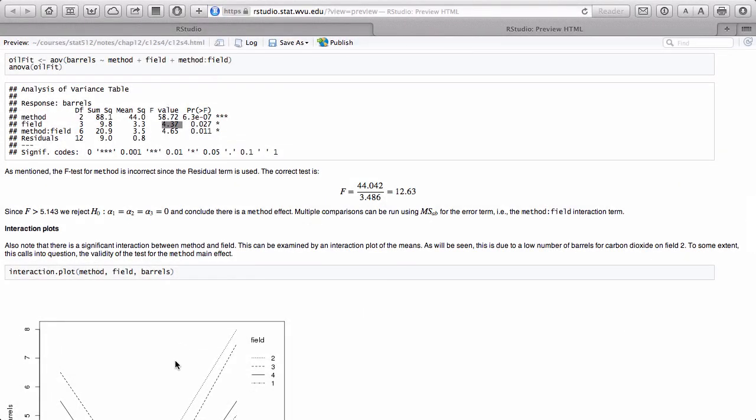At any rate, if you're mainly interested in field, that test is the same. We do seem to have a strong field effect, but we also have an interaction effect. The p-value is 0.011, so we have a significant interaction effect. And under either method, we have a significant method effect.